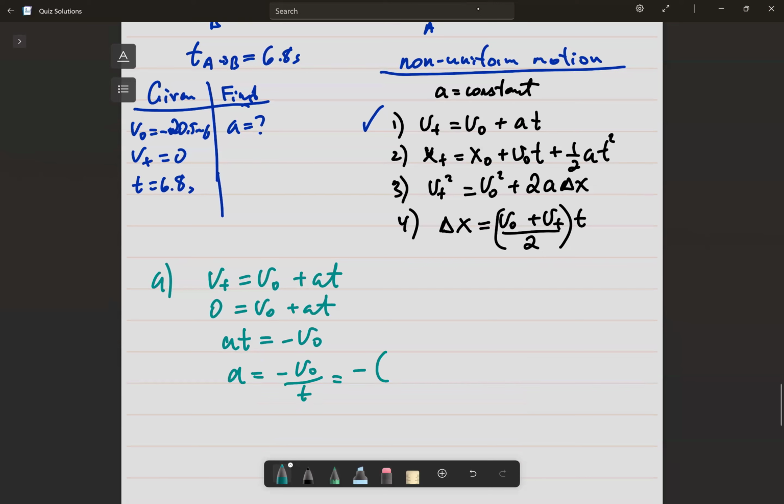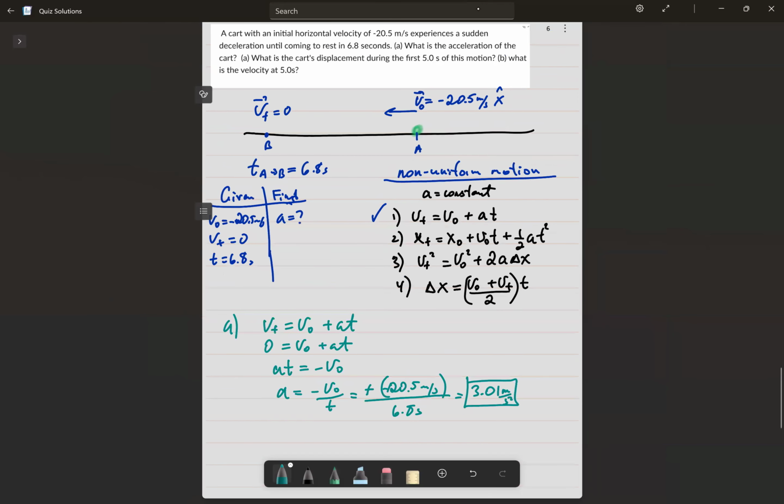Here it was negative 20.5 meters per second for velocity, divided by a time of 6.8 seconds. Negative, negative cancel out, so we get 20.5 divided by 6.8. We get 3.01, and that means meters per second squared. This is the acceleration: 3.01 meters per second squared. So this will be part A.